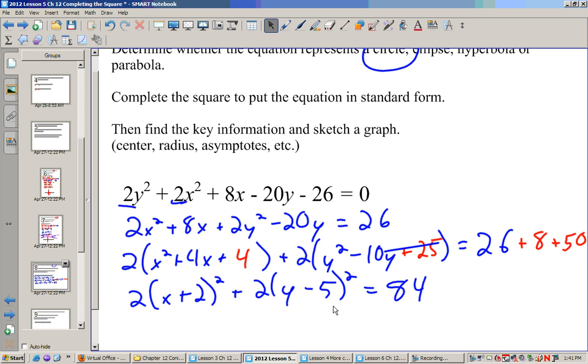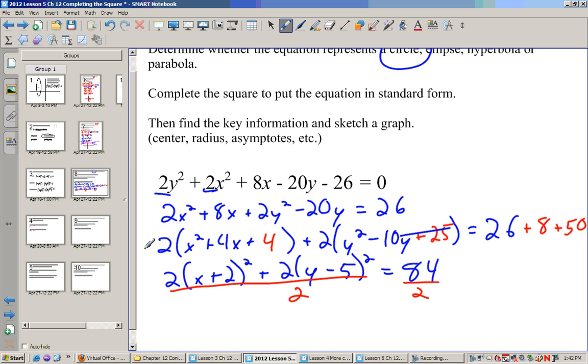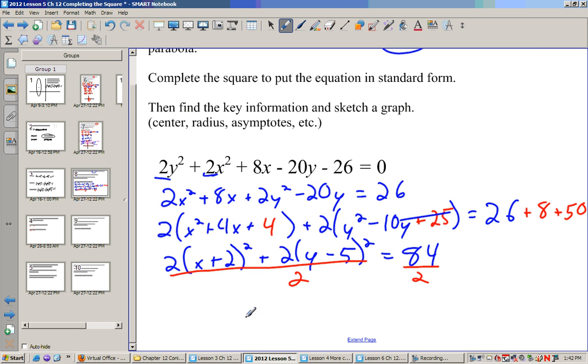Alright, so now we can divide both sides by 2, and now we have an equation in standard form that is x plus 2 squared plus y minus 5 squared is equal to 41.